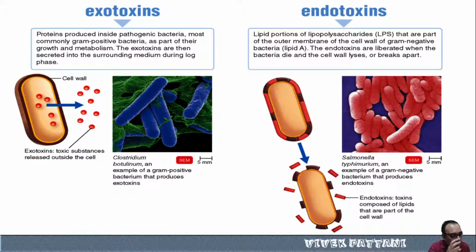Simply, endo refers to inside, and exo refers to outside. Exotoxins are proteins produced inside the pathogenic bacteria, most common in gram positive bacteria, and are then secreted into the surrounding medium during the log phase.